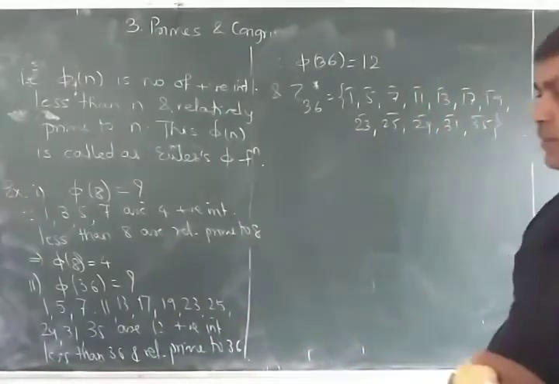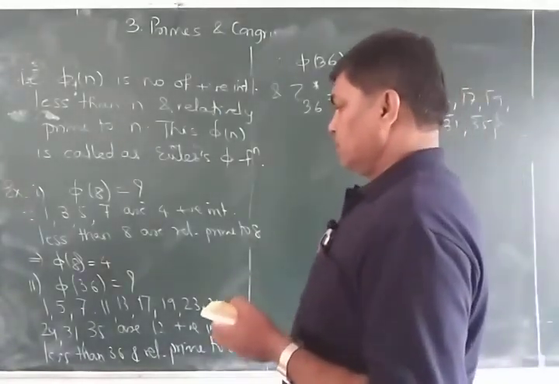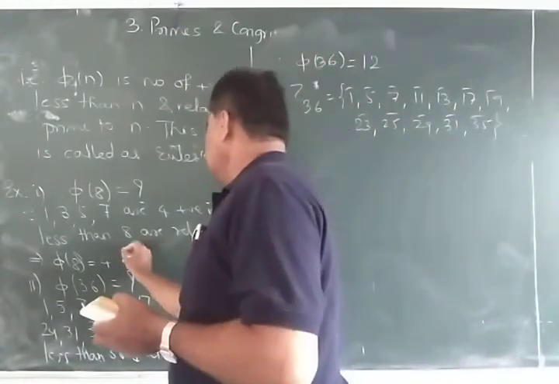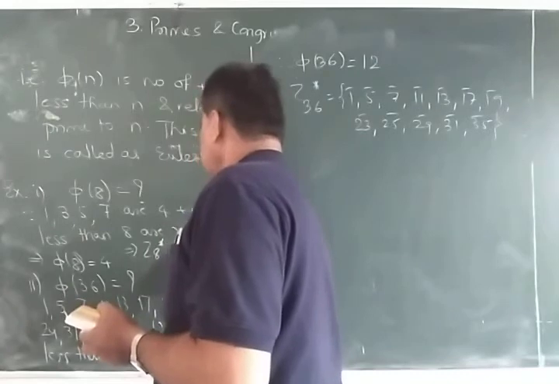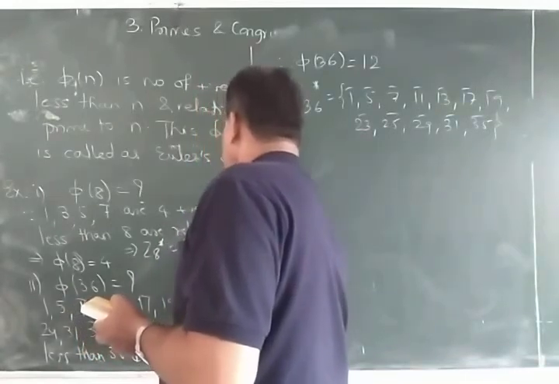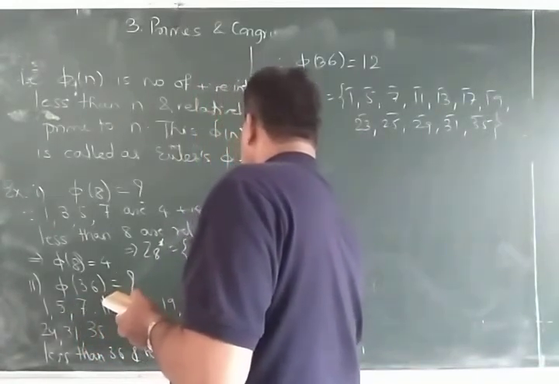What this implies is Z8 star is 1 bar, 3 bar, 5 bar, 7 bar.